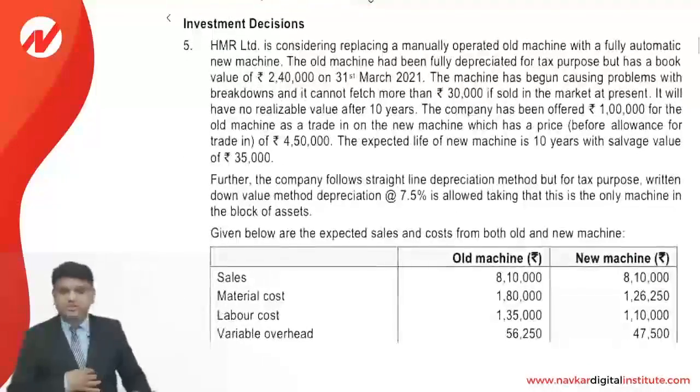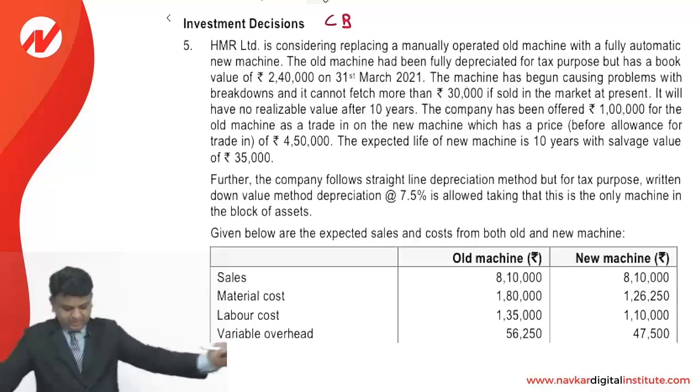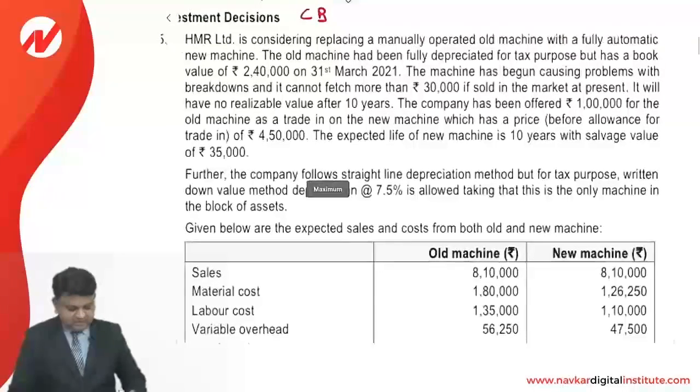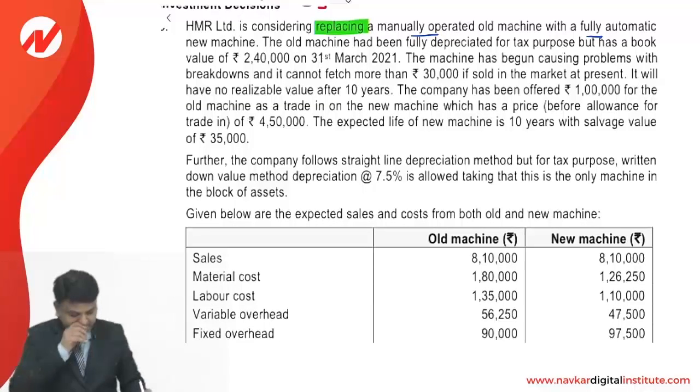Let us see the next question. This question is from the chapter of capital budgeting, investment decision. HMR Limited is considering replacing manually operated old machinery with fully automatic new machinery.